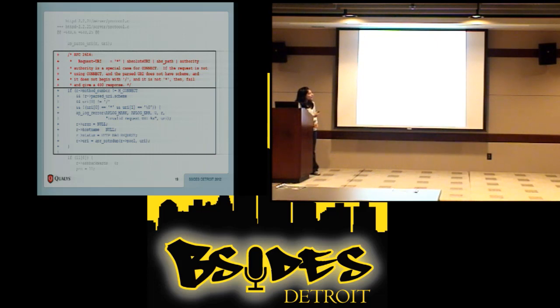So if you look at the comments, it mentions the same thing, some mention of an RFC, and then it says that if the request is not using connect, the parsed URI does not have a scheme, and it does not begin with a forward slash, and it is not star, then fail and give a 400 response code. Now this is the same thing that we thought about when we looked at the patch, right? So you feel that it's doing the right thing. Let's analyze the patch and see.